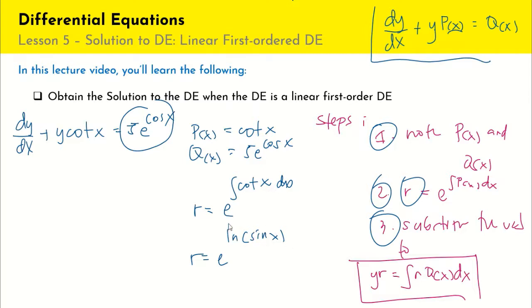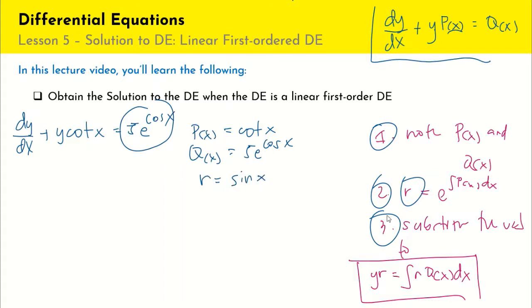So, basically, naalala nyo yung rule na to sa advanced algebra ko sa inyo. So, basically, kapag nakikita nyo yung ganyang itsura, automatic na ang makukuha nyo lang ay, r is equivalent to sine x. Okay? So, meron na tayong px, meron tayong qx, meron tayong r. Ito na. R is equals to sine x.